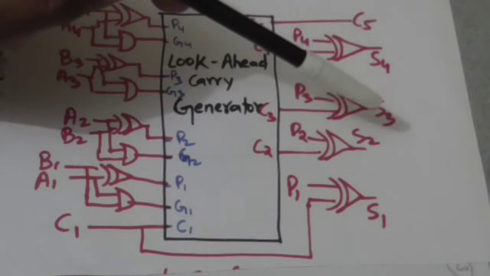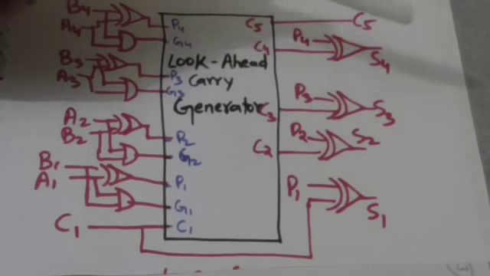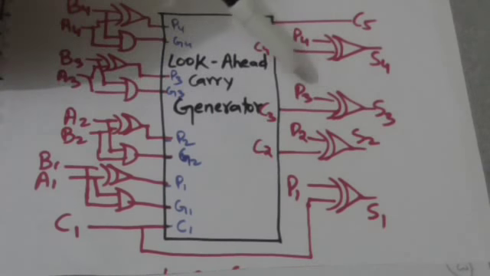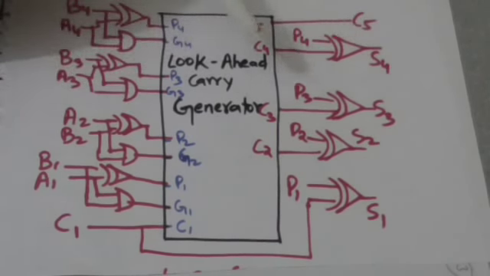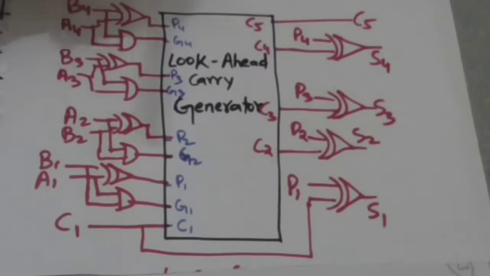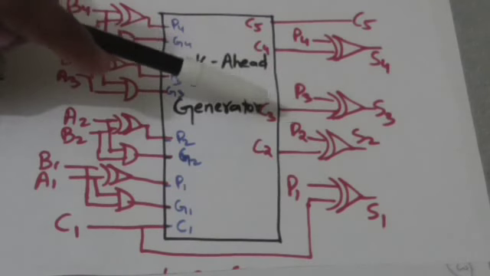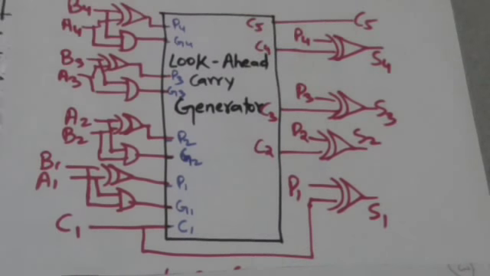And S2 is the output of an XOR gate whose inputs are P2 and C2. S3 is the output of an XOR gate whose inputs are P3 and C3. And S4 is the output of an XOR gate whose inputs are P4 and C4. So now here C4 doesn't have to wait for C3 and C3 doesn't have to wait for C2. Thank you very much.